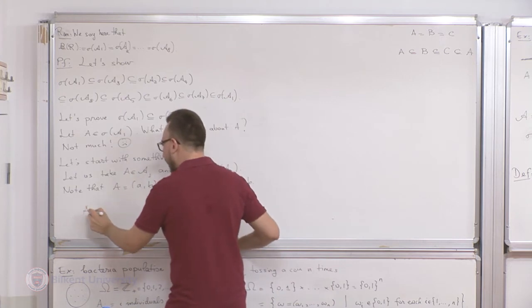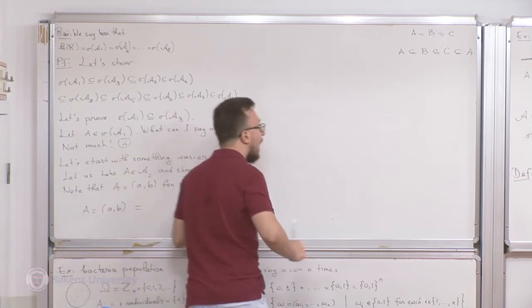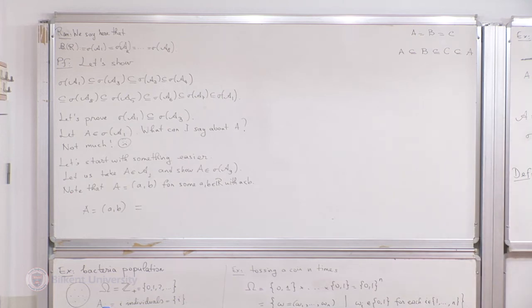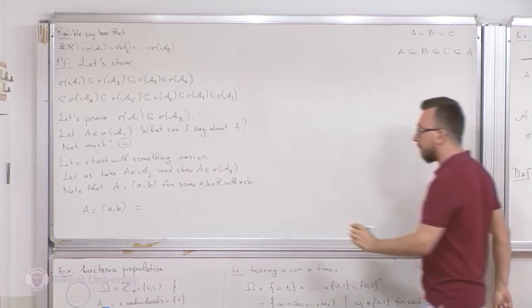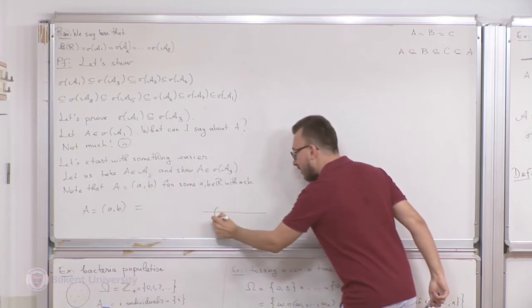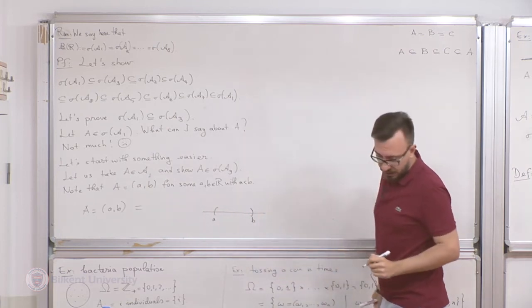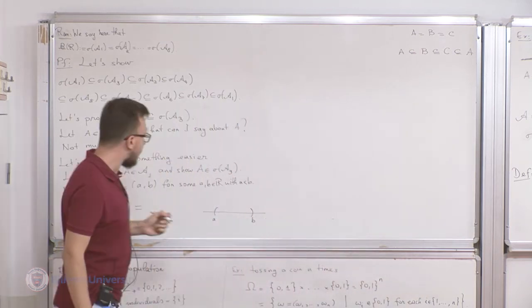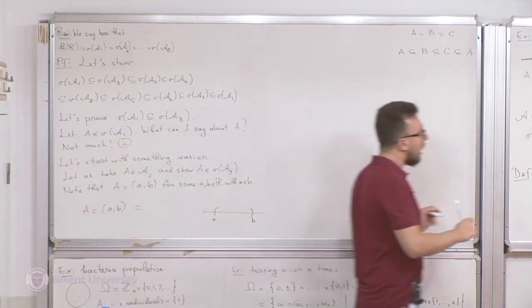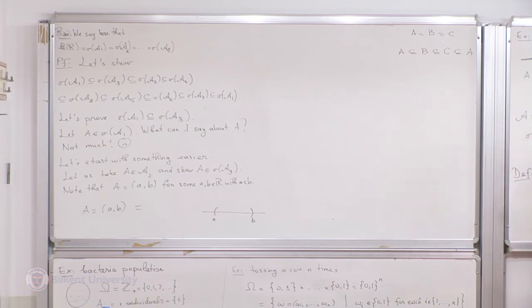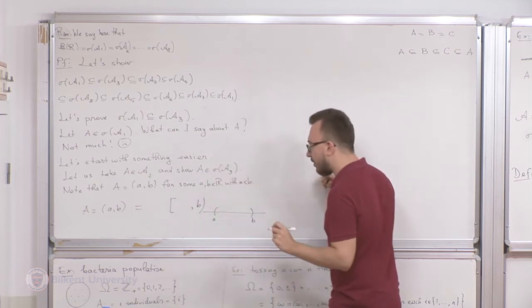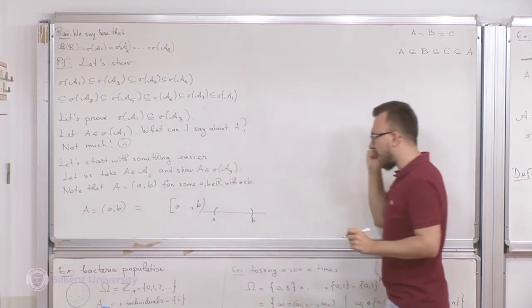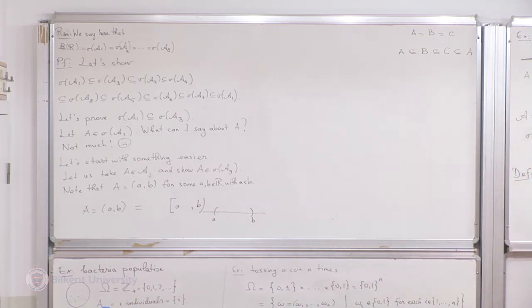Anyway, can I write (a, b] as a union, intersection, etc., of sets of this form? The answer is yes. So I have a here, I have b here, and I can write this using sets of this form. So closed from the left, open from the right. The right I'm not going to change. So what should I do?